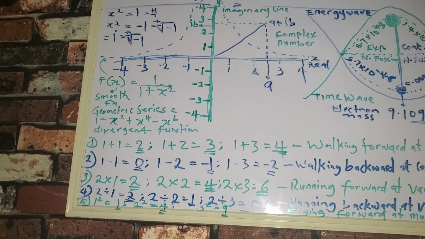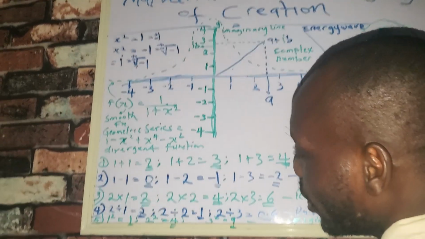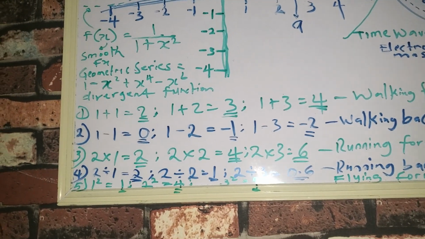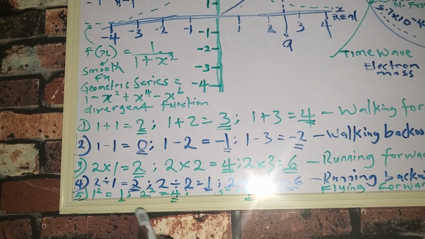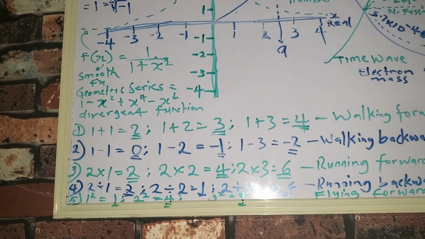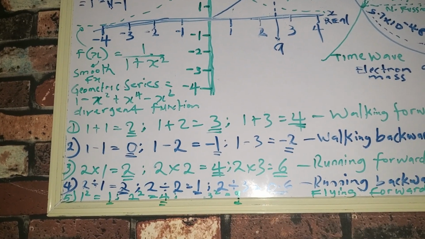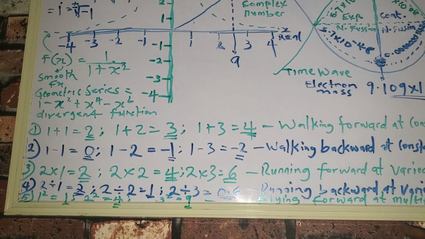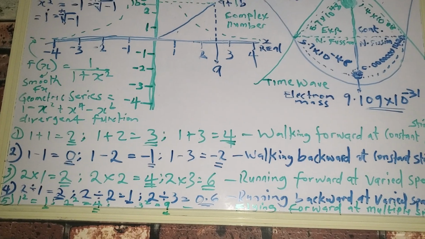And so we extend our number system to include rational numbers. And then we have this number 5 where we have square. We have 1 squared, which gives 1. We have 2 squared to have 4. Then we have 3 squared to have 9. So at this stage, we are flying forward at multiple speed.